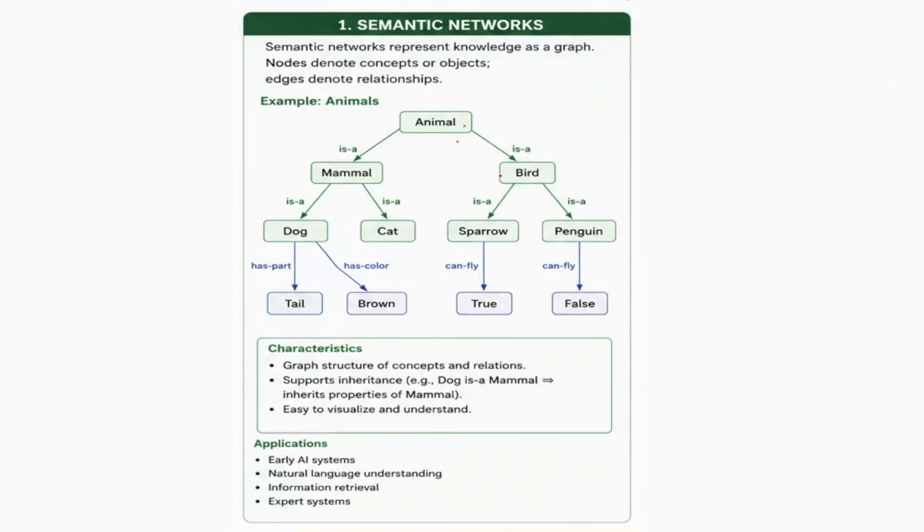The same example we have seen in one session where mammal is an animal, dog is an animal, tail is a part of dog. So we can express short statements like this, is a kind of, or can fly. These statements, a single verb kind of simple sentence format, can be expressed in a tree like structure that can be given in the semantic networks.